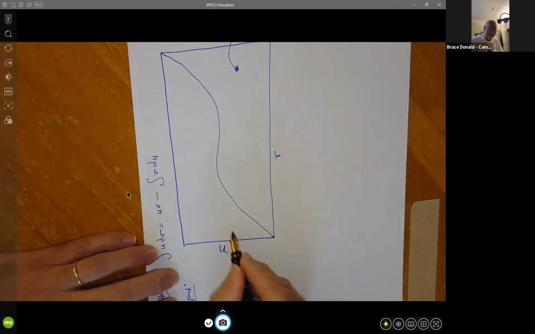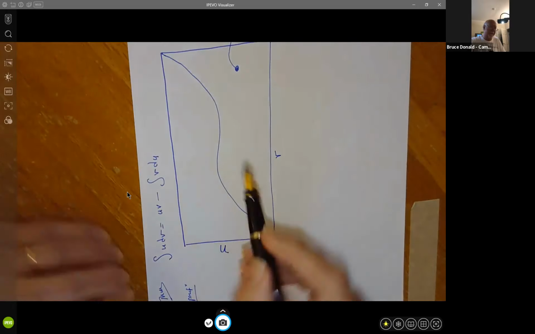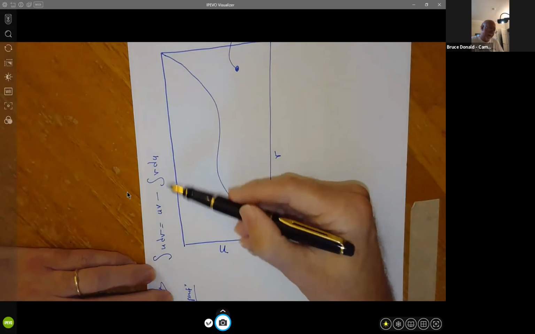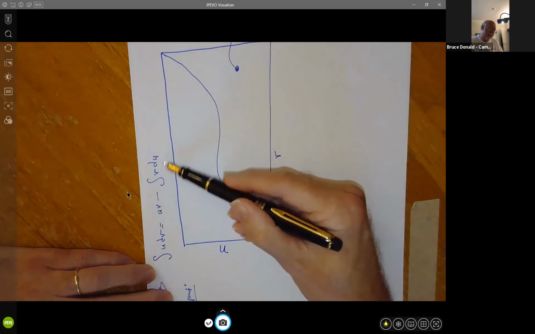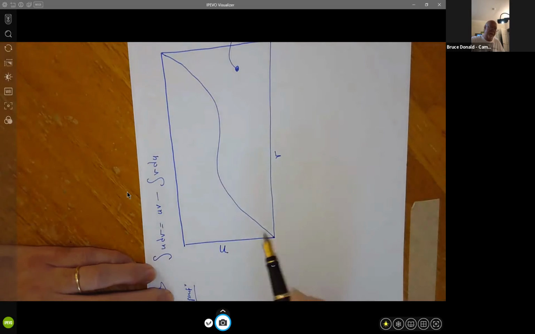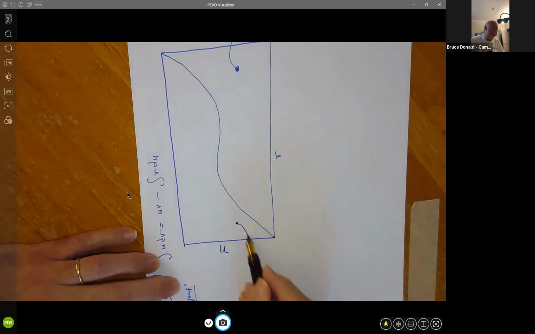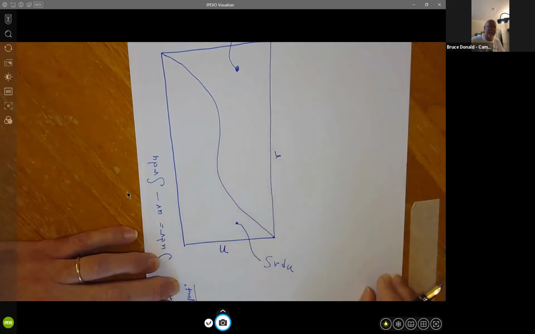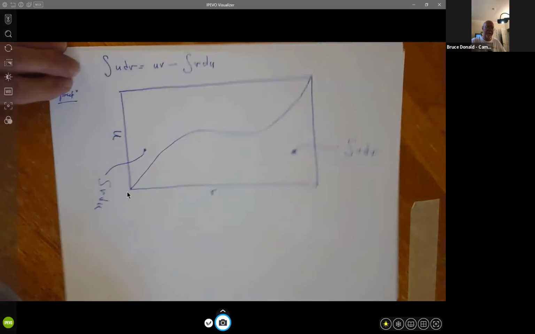So this thing here, now I'm looking at it, look at my formula over here. I have the integral of v du, right? So by this argument, this thing here is the integral of v du. I just rotated the page.